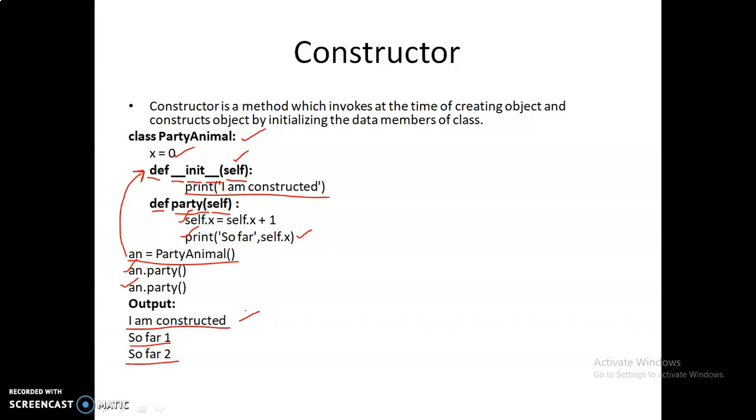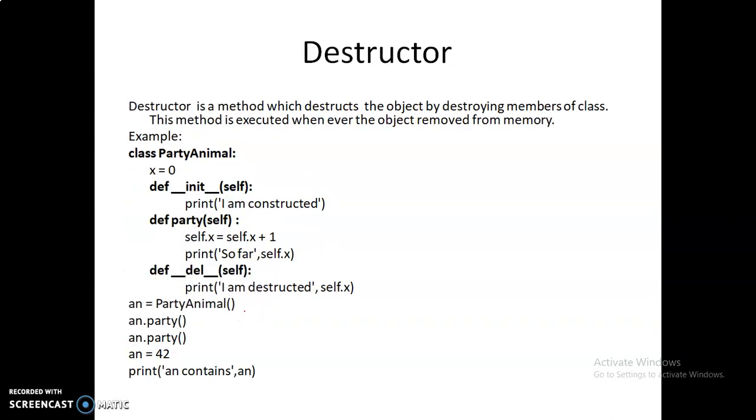Next is the destructor method. This is the method which is used to destroy the object, and whenever the object is destroyed, if you want to execute any code while destroying it, you can write it in the destructor method.